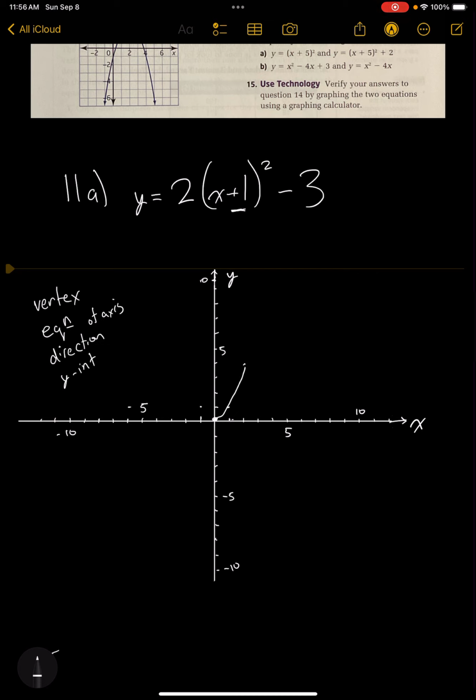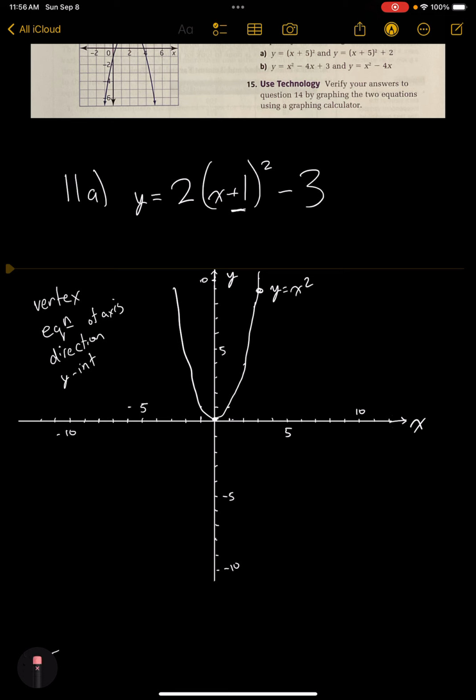And the step pattern goes 1, then 3, then 5. Essentially, that's the original version of the parabola. It's y equals x squared.